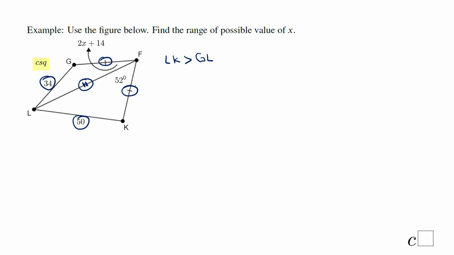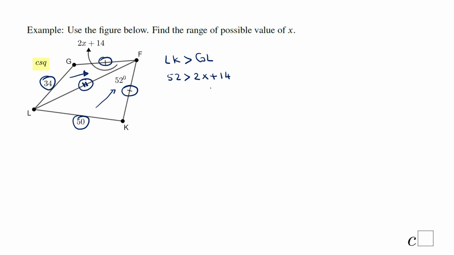That means the angle opposite LK, which is 52, should be greater than this angle, which is 2x plus 14.